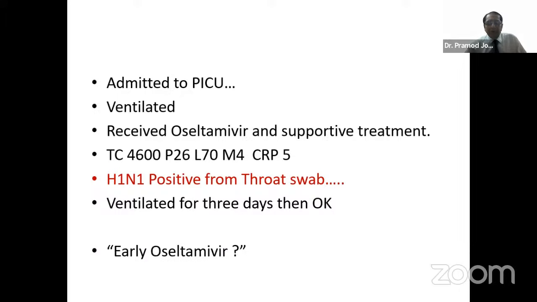Now here, the question is whether this child could have been given early oseltamivir before the child got admitted, because all of us have heard that treatment with oseltamivir given in the first 48 hours of influenza works the best.